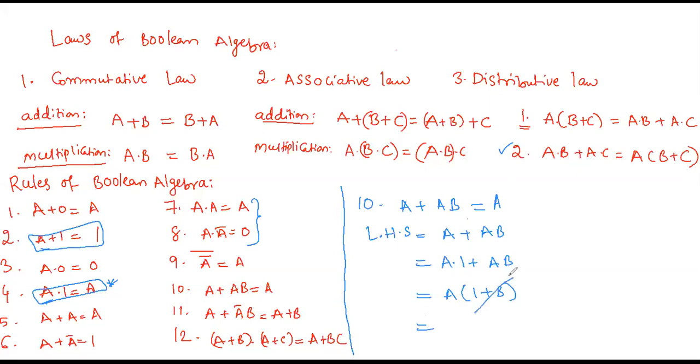So you will get A into 1, since 1 plus B is equal to 1. A into 1 is nothing but A only. So that is nothing but RHS. So A plus AB is equal to A.